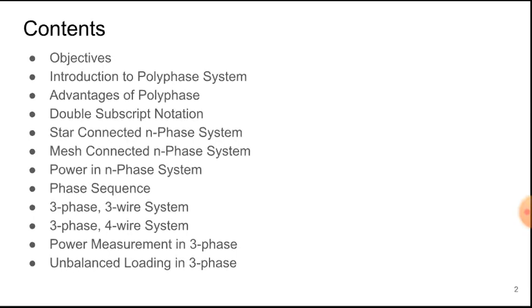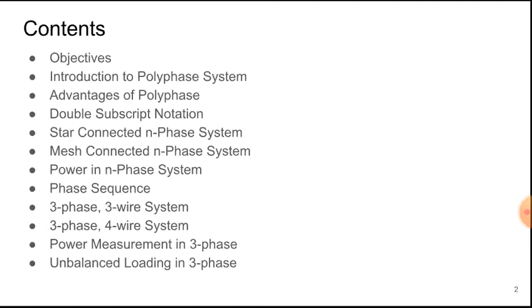So what will be the content of this chapter? First, I will discuss the objectives of chapter 3. What do we expect to learn after this? You should know them after this. And some introduction to polyphase systems. What are the advantages of polyphase?